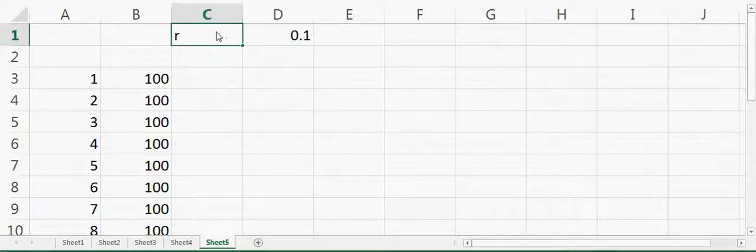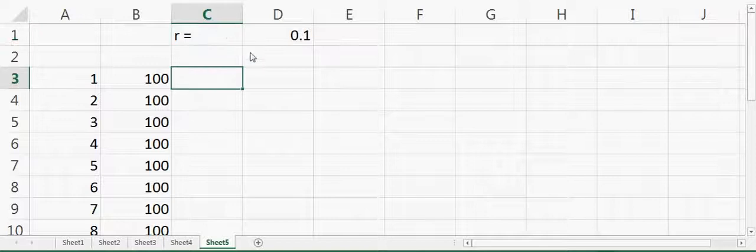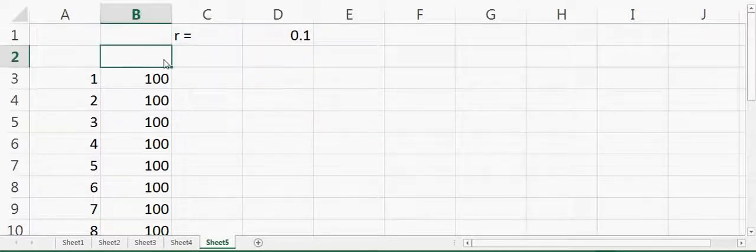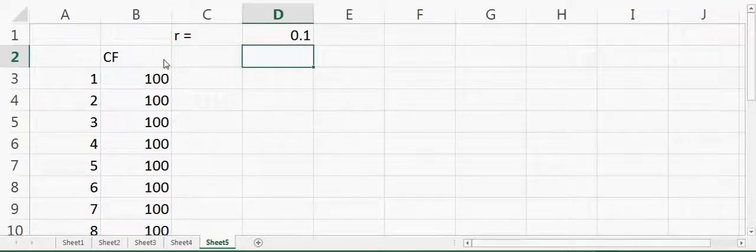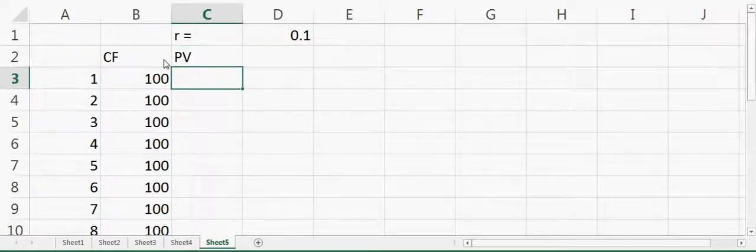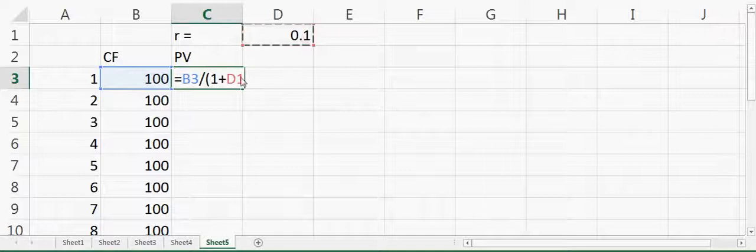So what I'll do is calculate the present value of each dollar amount. This was the cash flow, and then we have a present value. Present value will be equal to 100 divided by 1 plus R. I'll put a dollar sign here so that if I drag this cell down, the R will not change.